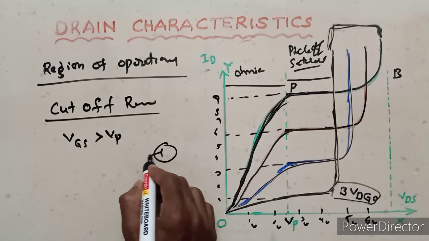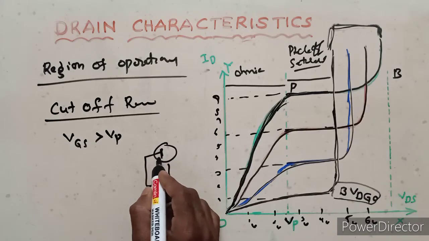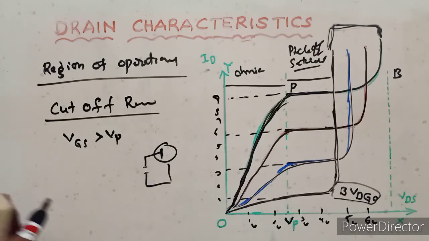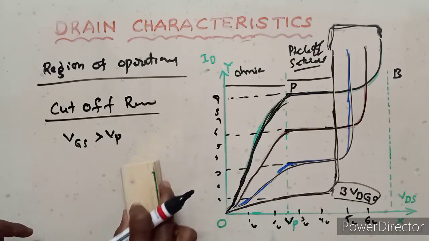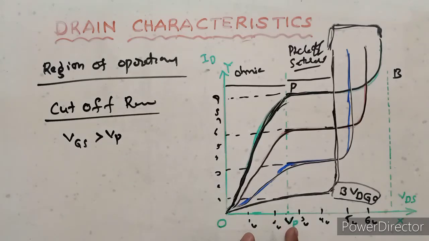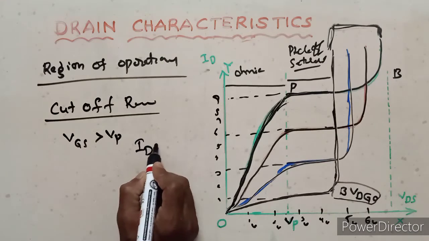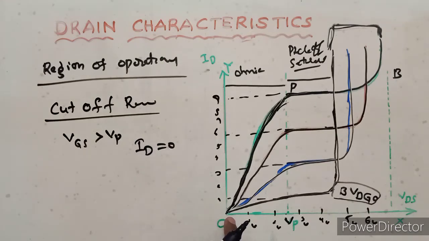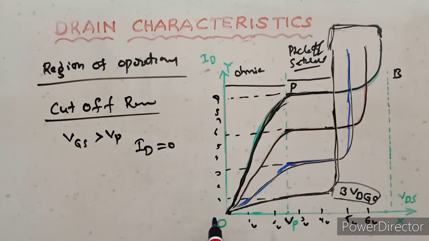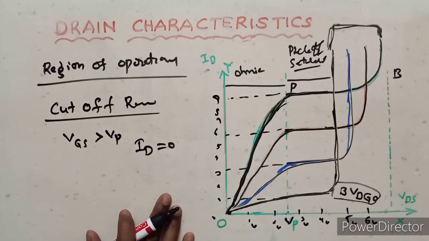So the voltage between gate and source is greater than VP, then ID equals 0. So at this point ID equals 0, and VGS is greater than VP. This device turns off. It is also called the cutoff region.